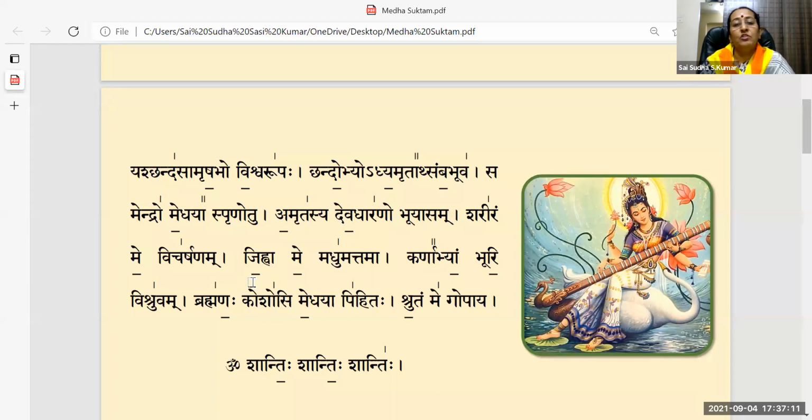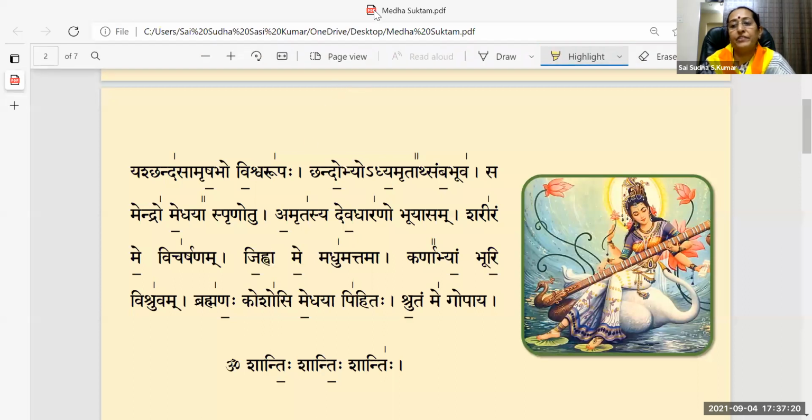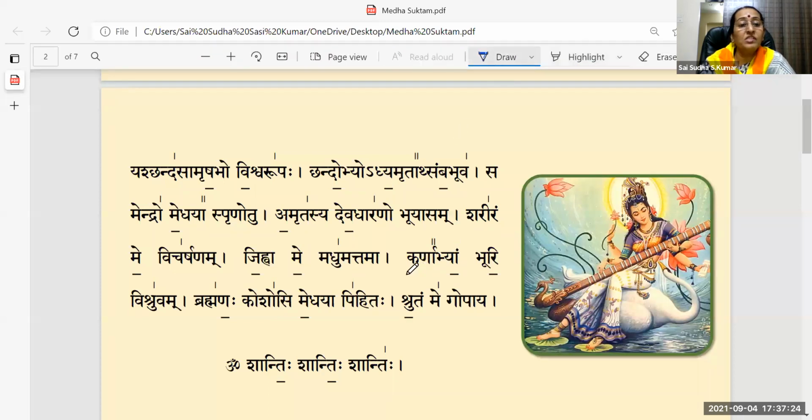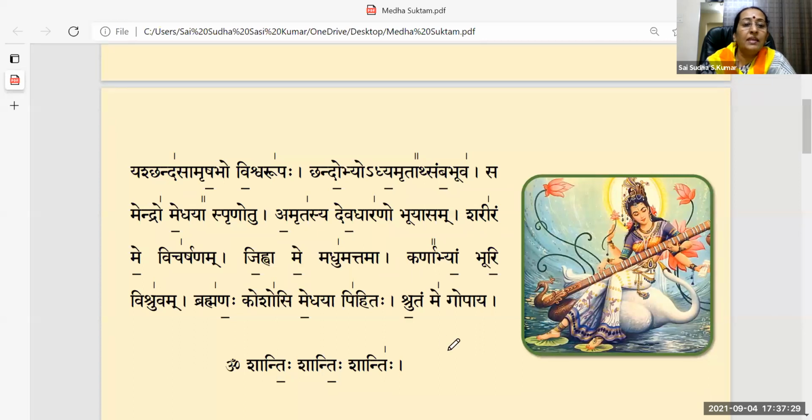So here, through the Medha Suktam, we are invoking the blessings of Medha Devi and not Meda Devi. So to pronounce as Medha is very important. As regarding the Dirgha Swarita is concerned, this is called Dirgha Swarita.